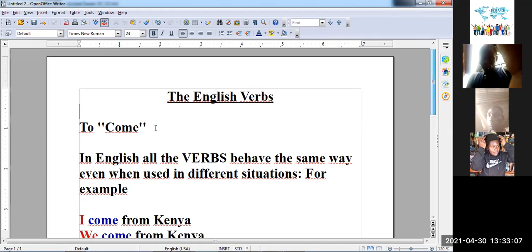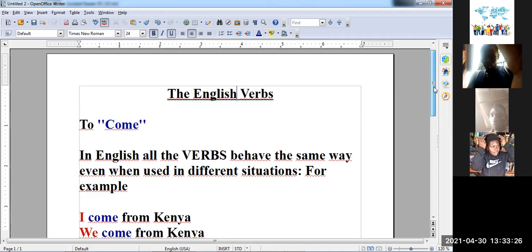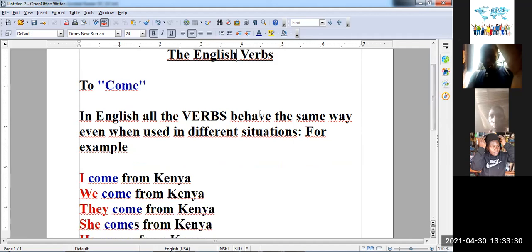So now I'm starting from the English background. In English, any verb you pick maintains itself even when you use different pronouns. To come. In English, all the verbs behave the same way in different situations.